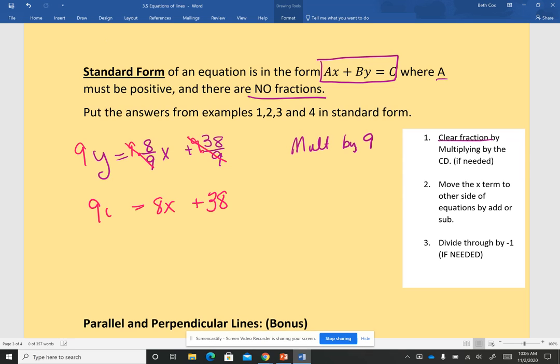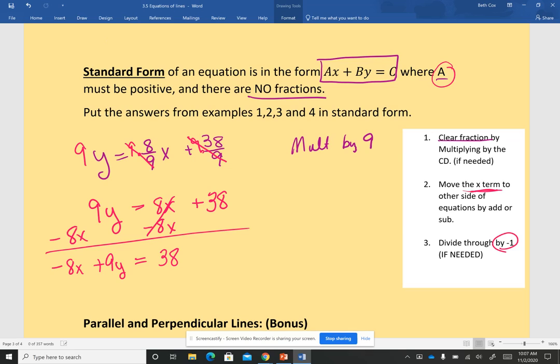And then that's 9y. Okay, now the a is the x term. Move the x term to the other side of the equation by either adding or subtracting whatever it requires. So this is going to subtract 8x. And so it's minus 8x, and that's a positive 9y equal 38.